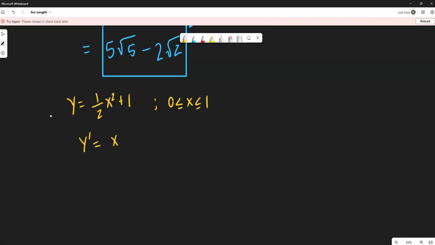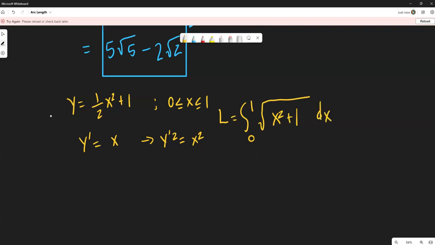If we square it, then y prime squared equals x squared. Setting that up in terms of the arc length gives you the integral from 0 to 1 of the square root of x squared plus 1 dx.